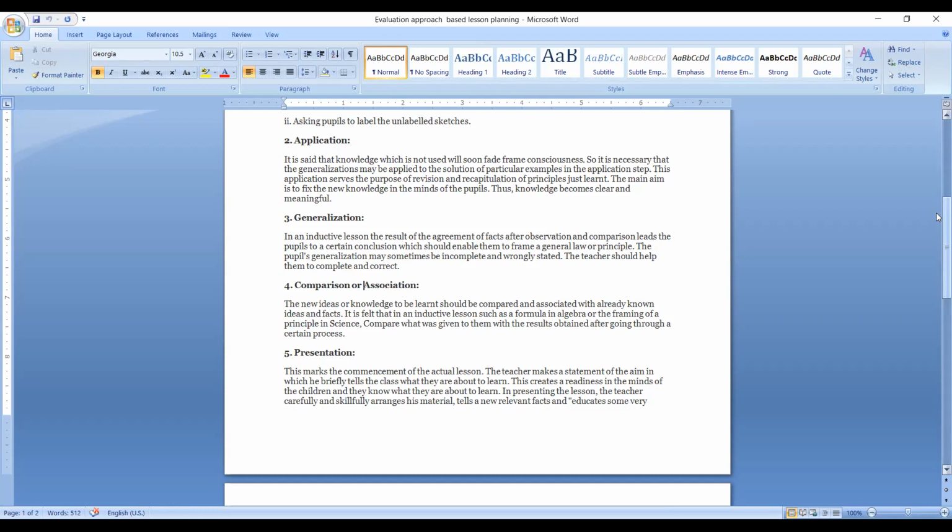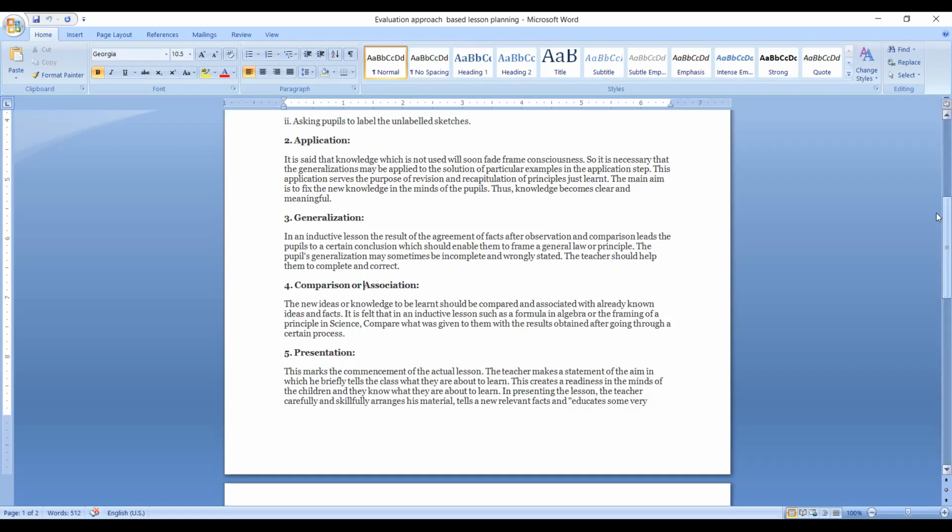When we present the examples, the students give answers, and in that way also we are evaluating, recapitulating, recalling, and recognizing their knowledge. So when we are generalizing, it is part of evaluation also. So this is the evaluation-based approach lesson plan, and this is how we are going to do it.